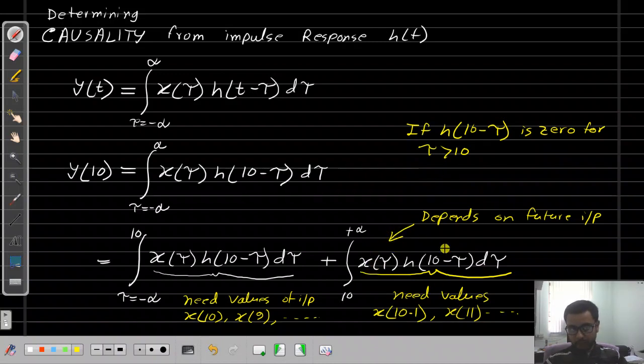But if this part is 0 for tau greater than 10, then I don't have to calculate this integration. Then I do not need to know the value of input at times after 10. Okay, then output does not depend on future input, which means the system will be causal.